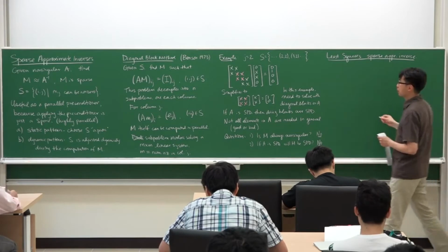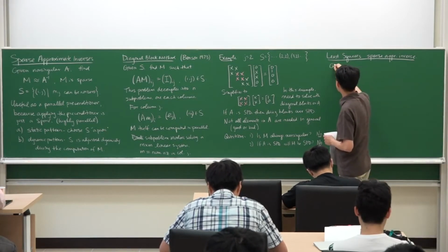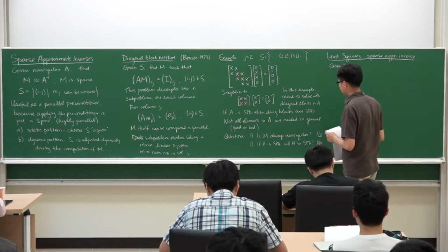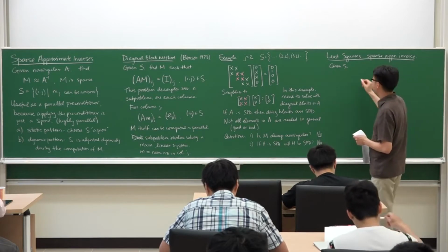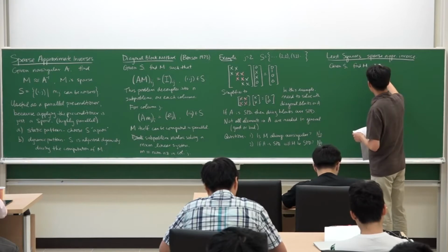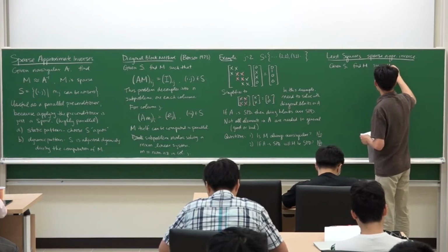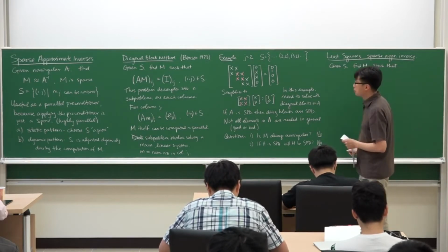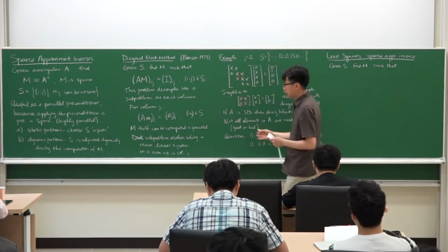Here we're given S again, and we want to find M such that, instead of the previous condition, we're going to have a slightly different condition.